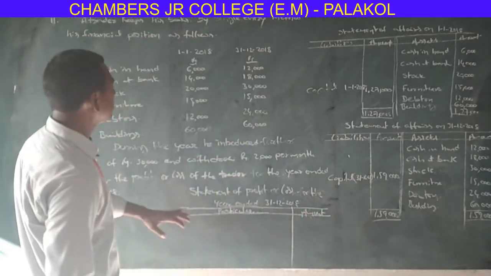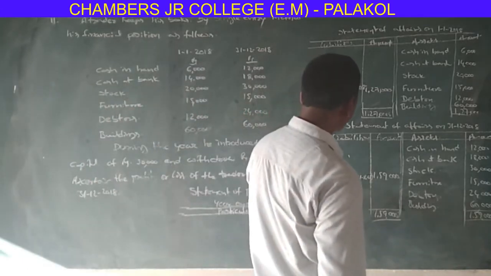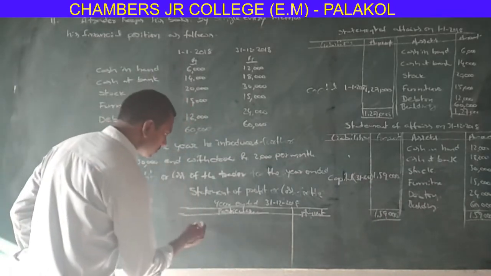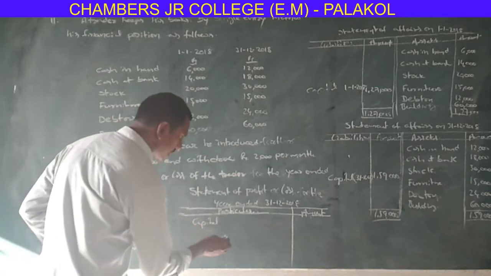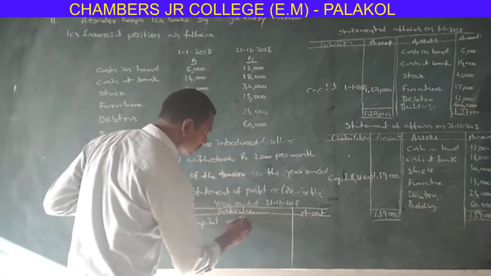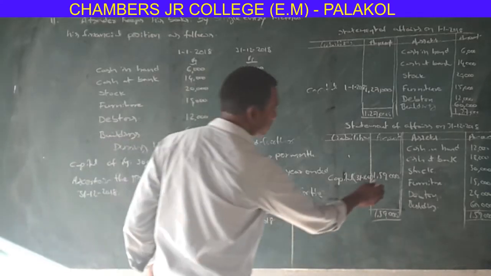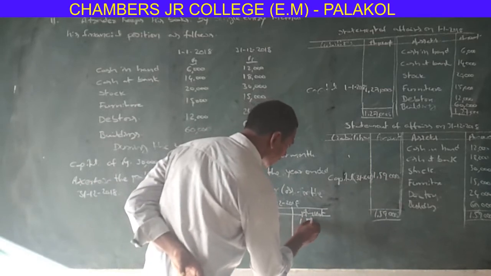Here first of all we take the closing capital. Here the closing capital is rupees 1,59,000. Closing capital, or capital at the end, or capital on 31st 12 2018, rupees 1,59,000.